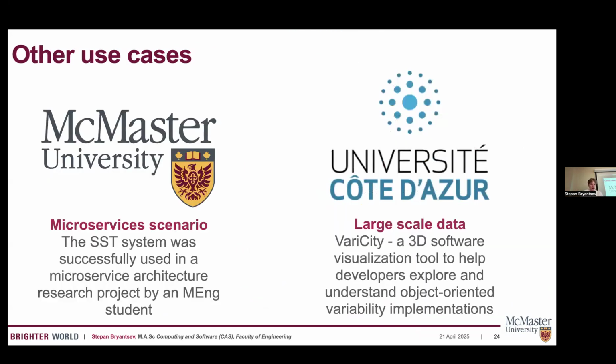So it's not the only use case that we have for the SST. Another scenario was a microservices use case. It shows us that the SST can be used in other scenarios. And another important scenario was large scale data.